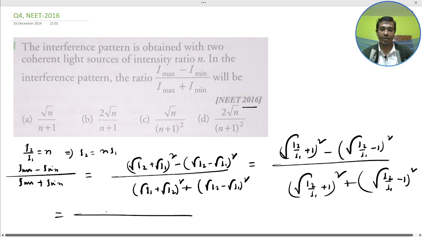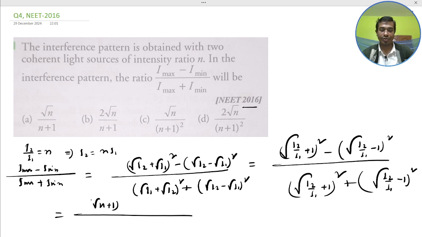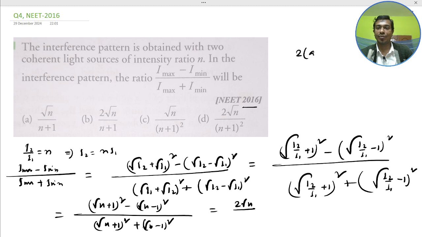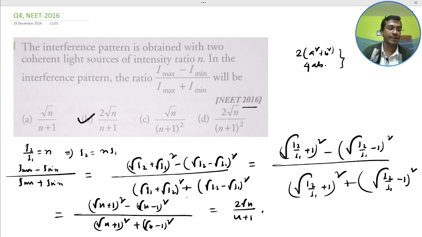Put this value: root n plus 1 whole square minus root n minus 1 whole square, over root n plus 1 whole square plus root n minus 1 whole square. Using a plus b whole square minus a minus b whole square, which is 4ab, and a plus b whole square plus a minus b whole square, which is 2 into a square plus b square, this becomes 2 root n by n plus 1. So our answer would be B, 2 root n by n plus 1.